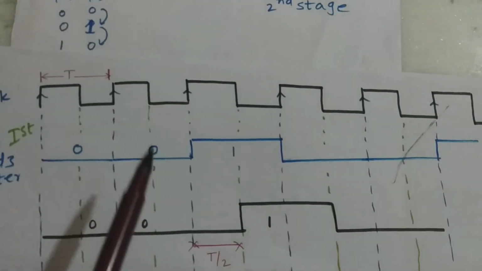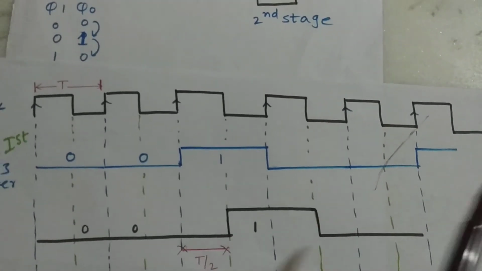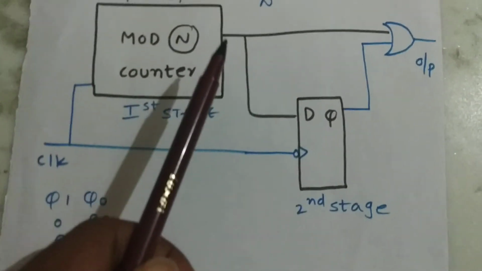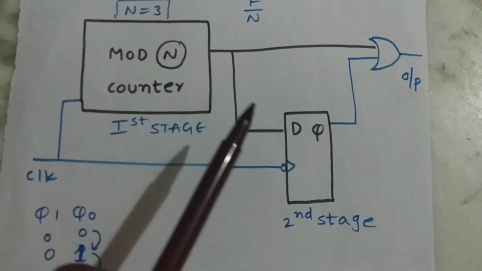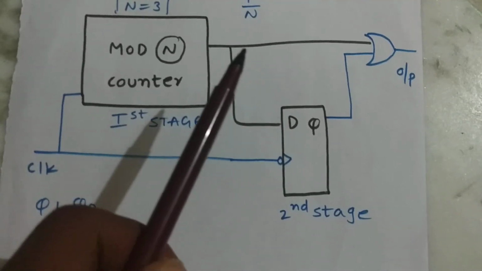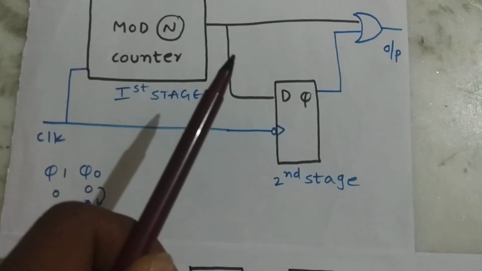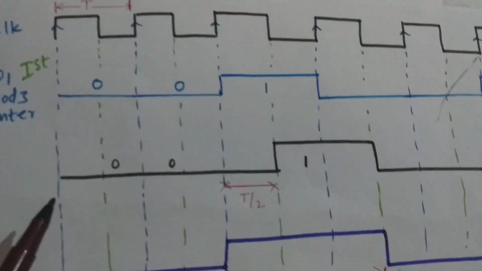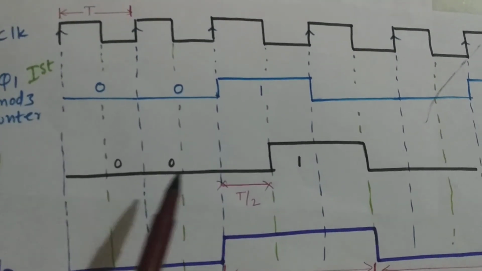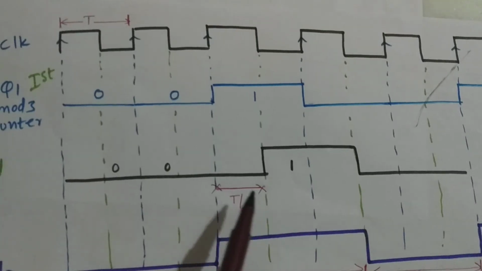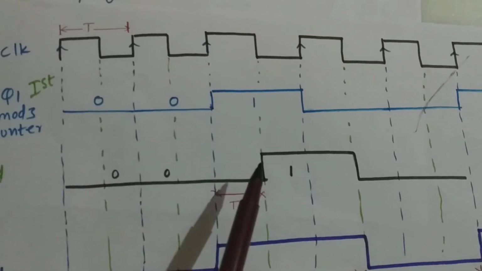0 0 1 and 0 0 1, it's continuing, and we are giving this Q1 to the D flop. So what we'll get is a delay of T by 2. So 0 0 0, and there is a delay of T by 2. Now we are ORing it.